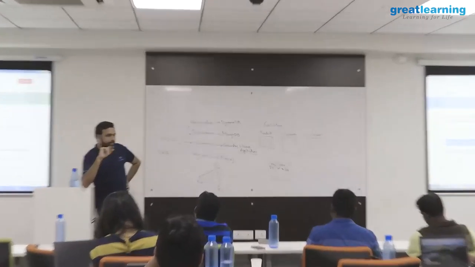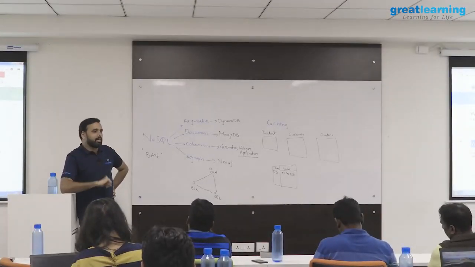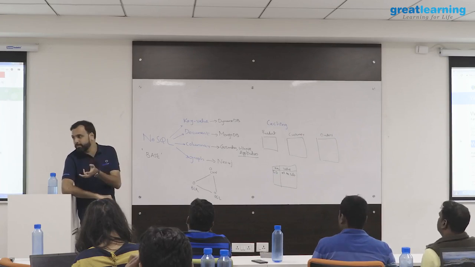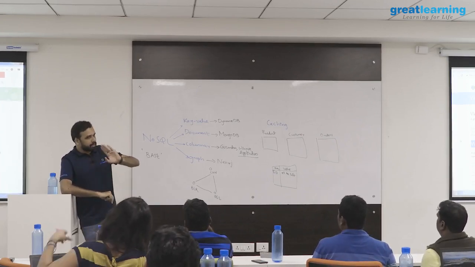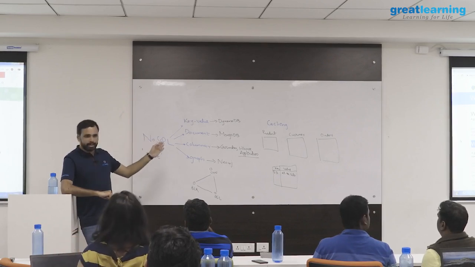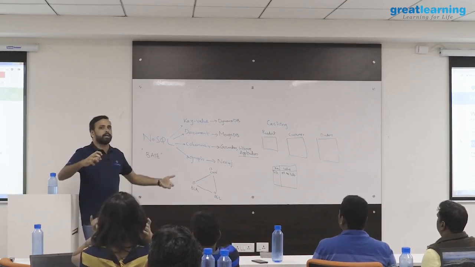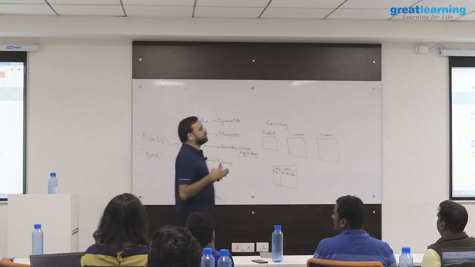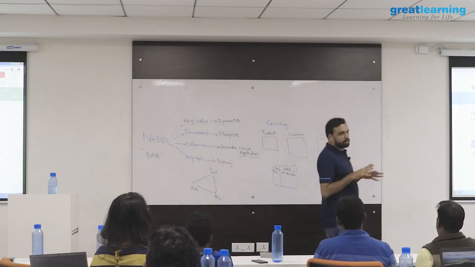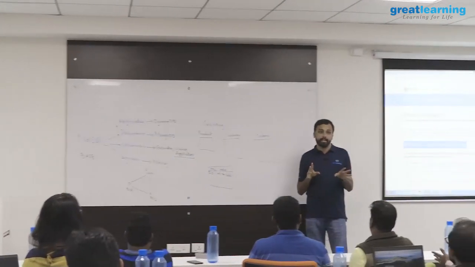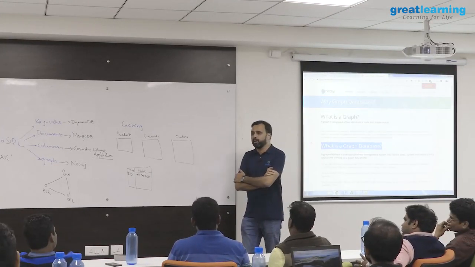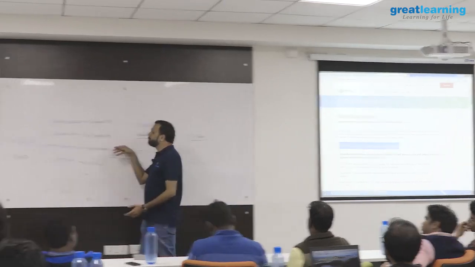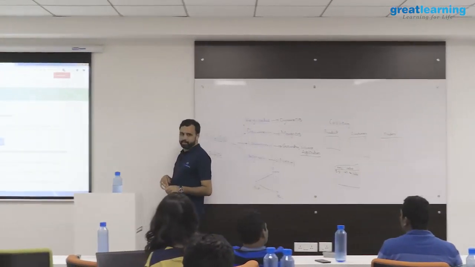There is a vendor called Redis. Redis is a high-speed caching platform. It's used for caching the queries. But that is considered to be a NoSQL database because it can be installed in a cluster and all. But Redis also understands your normal SQL analogies and all, I think. So there are some platforms like Redis which are also very much like SQL, but they fall in the NoSQL category.